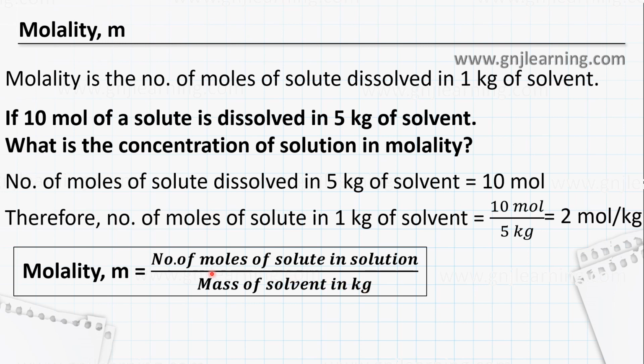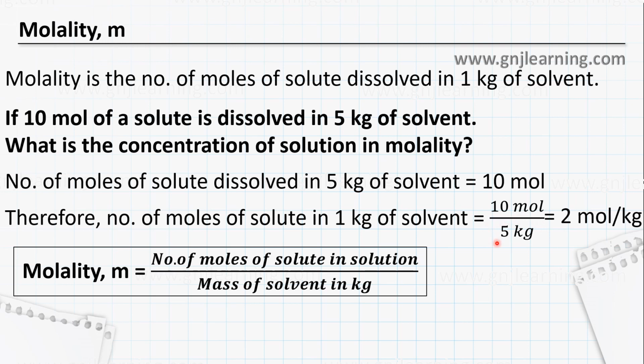So what you need is moles of solute. As with molarity, we have the same numerator here, but in the denominator we have mass of solvent in kilogram. As you can see here, it is number of moles of solute, and what we have is mass of solvent in kilogram.